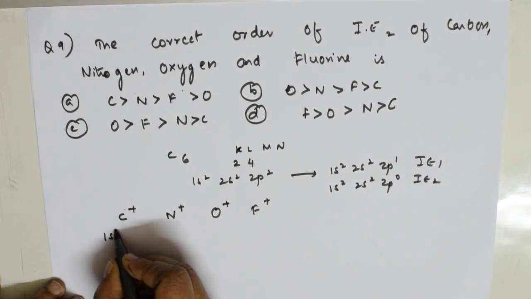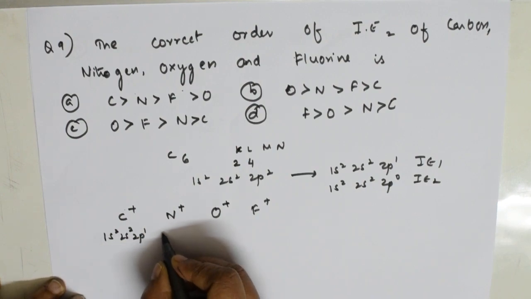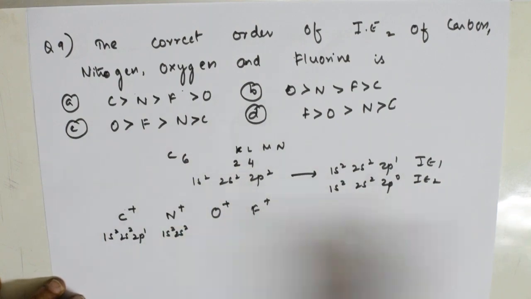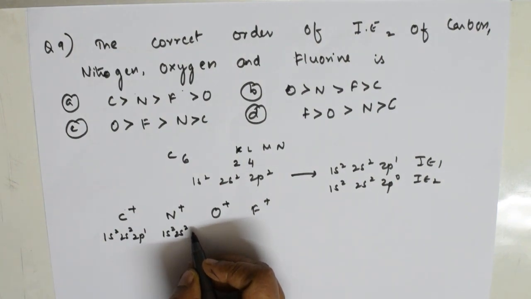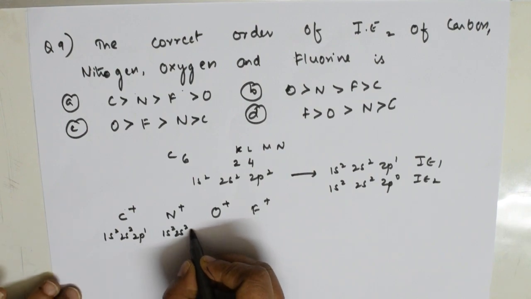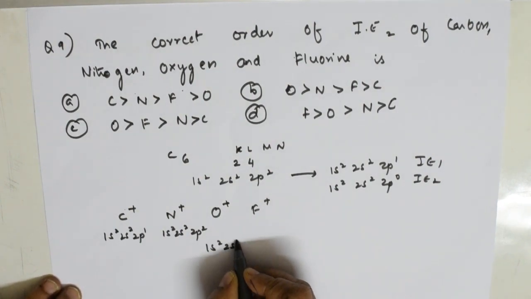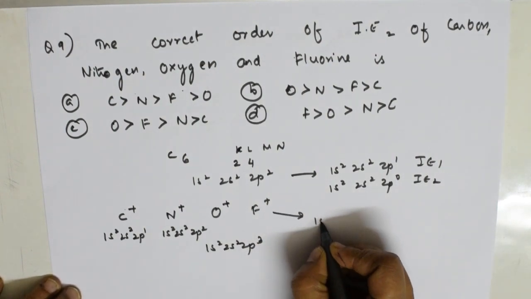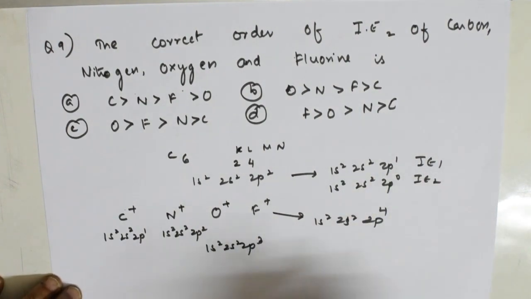So this becomes 1s2, 2s2, 2p1. Same 1s2, 2s2, nitrogen is 2p3, so 2p3 was there earlier. I have taken out one electron, it has become 2p2. Fluorine is 1s2, 2s2, 2p4. Let us see whether I wrote it right or not.